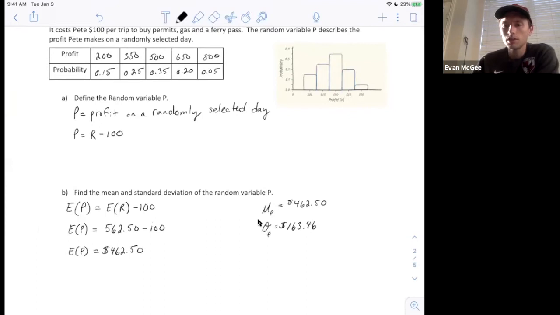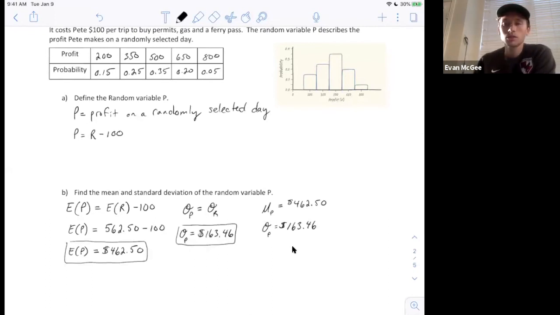The only symbol for standard deviation is sigma. It's really simple because the standard deviation doesn't change. If I'm subtracting 100, then the standard deviation of P is just equal to the standard deviation of R, which is 163.46.